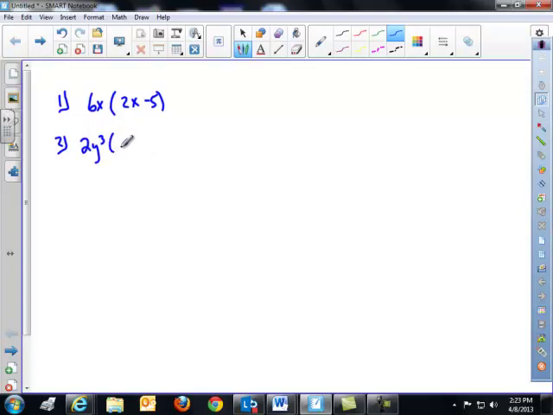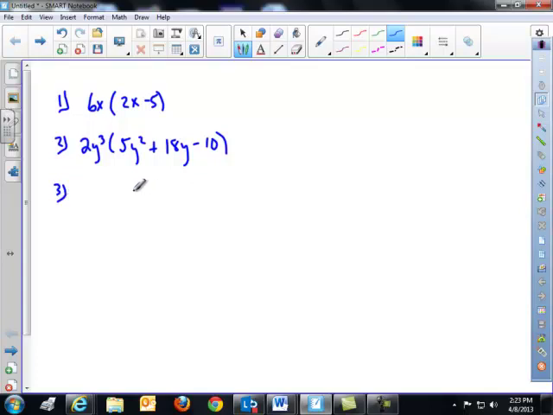What we're left with is 5y squared plus 18y minus 10. Now what we could try is to factor this down a little bit more. If you take 5 times negative 10, that's negative 50, and there is nothing that you can combine to get negative 50 that gives you positive 18. Therefore this is done. I'll move on to number 3.